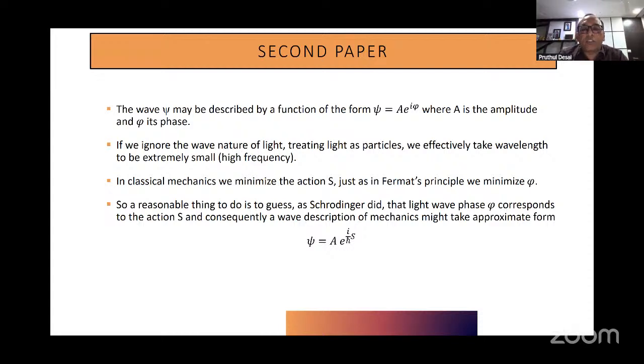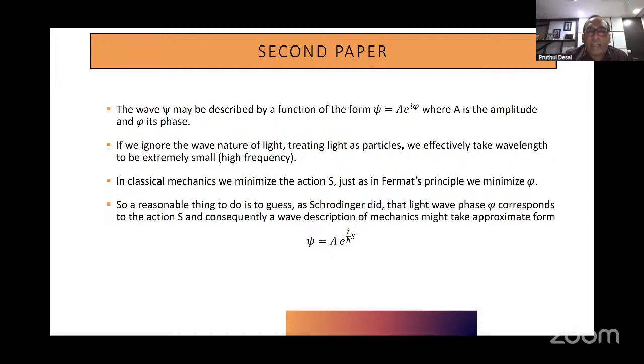Now, once these two things were known to him, it was reasonable for Schrödinger to make a guess. He said that the light wave phase corresponds to action S, because Fermat's principle minimizes phi, classical mechanics minimizes action S, so somehow they must be the same.